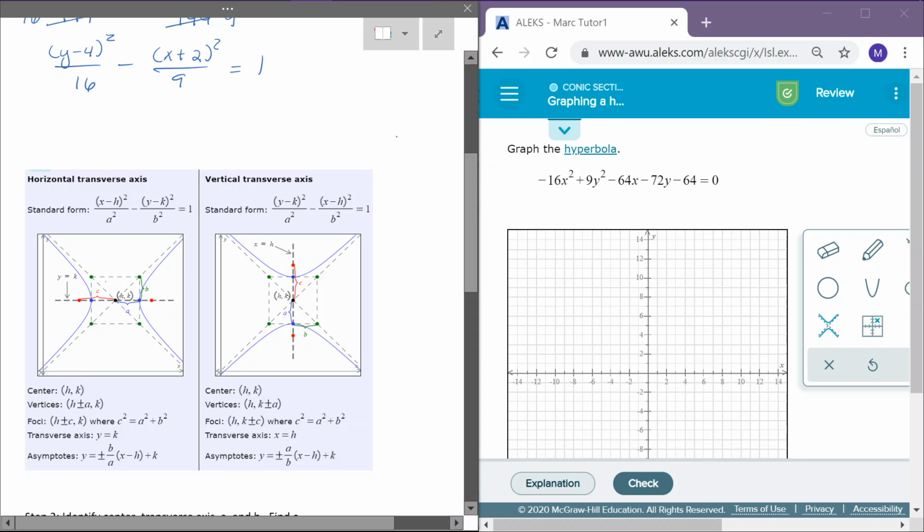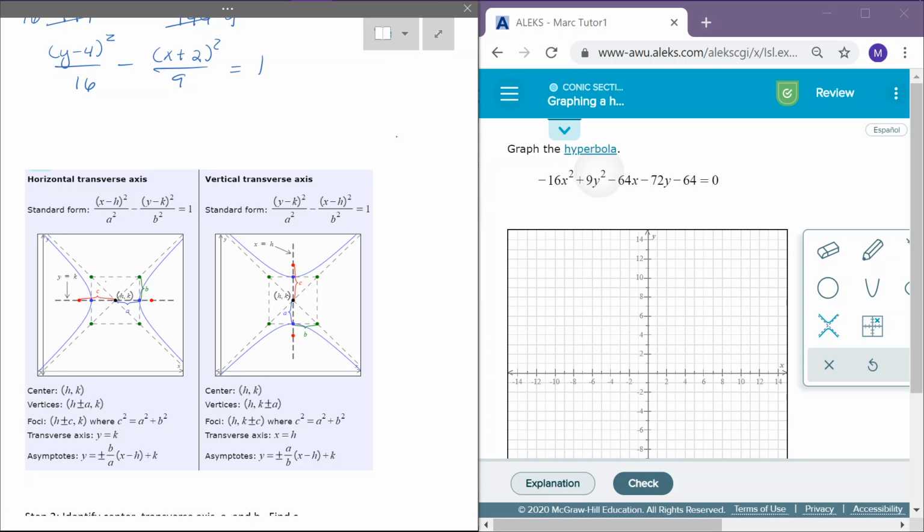So if we have a horizontal transverse axis, the standard form is x minus h squared over a squared minus y minus k squared over b squared equals 1, with center h comma k, vertices h plus or minus a comma k, foci h plus or minus c comma k, where c squared equals a squared plus b squared, transverse axis y equals k, and asymptotes y equals plus or minus b over a times x minus h plus k.